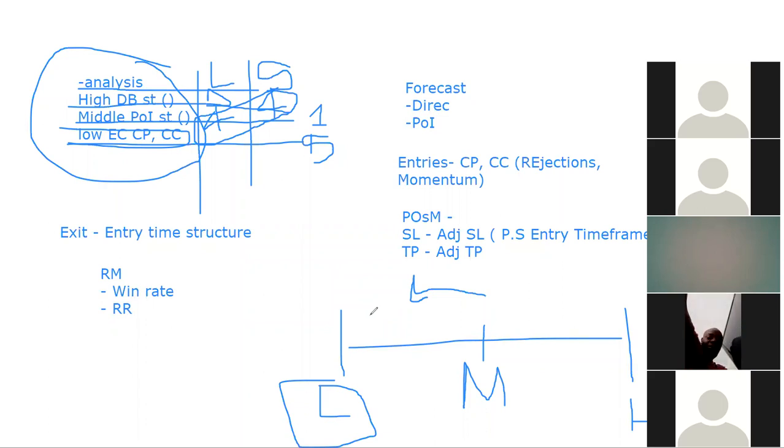So if you win maybe one trade, two trades, three trades, or four trades, then you need a system that has a high risk to reward ratio. Your risk to reward ratio needs to be higher the less your system wins. The more your system wins, the easier it is to have a long-term profitable system with a lower risk to reward ratio.